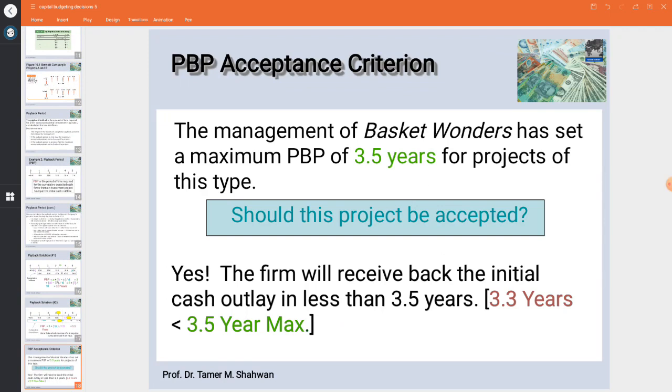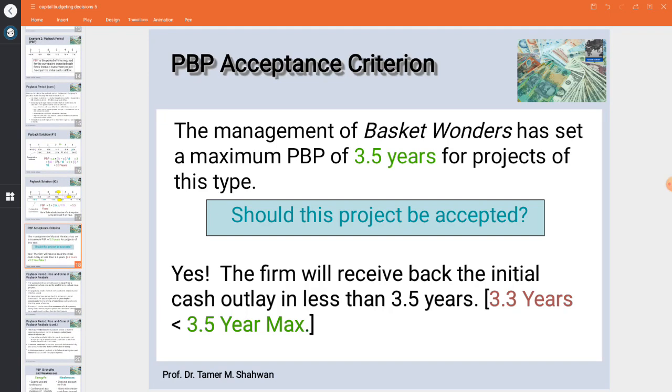For example, the maximum payback period in this project is 3.5. Since our computed one is just 3.3, this means that we must accept our project.